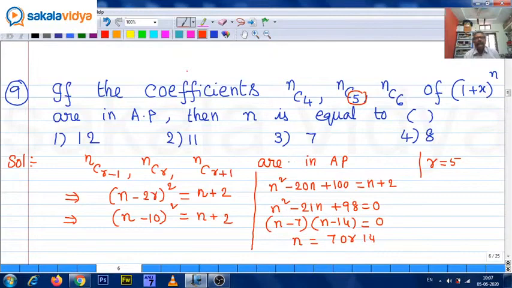Either 7 is correct or 14 is correct. So third option. Option 3.